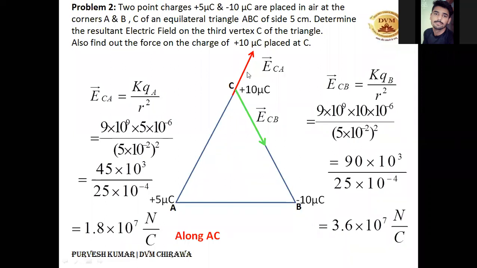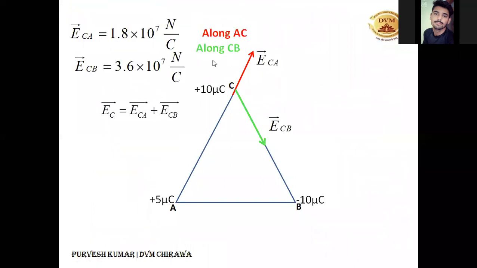So two electric fields we have found out. One is at C because of A, the other again at C because of B. Electric field is a vector quantity. We need to find the resultant of these two vectors, ECA and ECB, in order to find the net electric field at C. ECA is 1.8 into 10 to the power 7 Newton per coulomb along AC, marked with red.